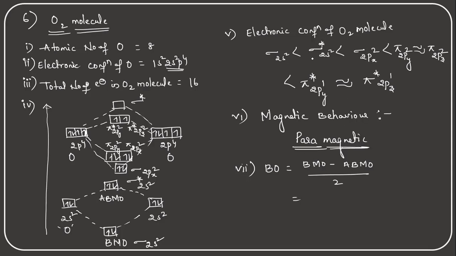So in the bonding molecular orbitals, how many electrons are there? 2 plus 2, 4, 4 plus 2, 6, 7, 8. 8 electrons minus how many anti-bonding electrons? 2 plus 1, 3, plus 1, 4. 8 minus 4, divided by 2, that means 4 divided by 2, which gives 2. That means oxygen can form a double bond with another oxygen atom.